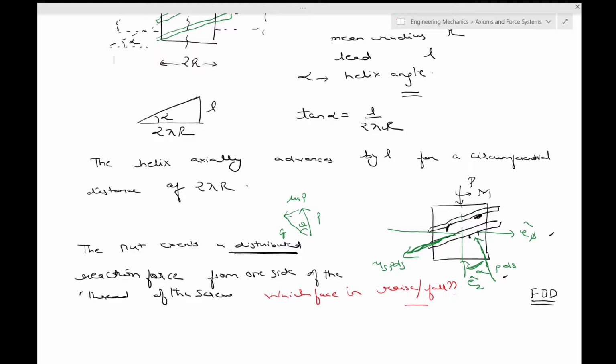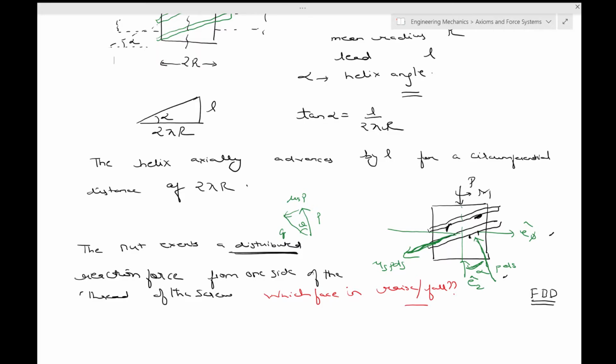If it's a lathe machine or a vise, it depends on which direction you want the axial movement to be. So the nut exerts a distributed reaction force from one side of the thread. I have already talked about which side of the thread it is over here.